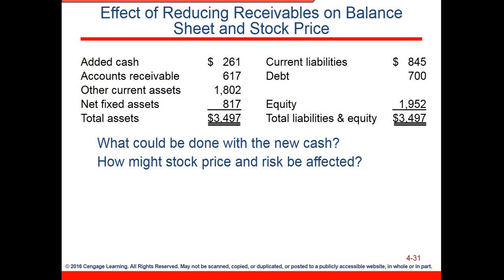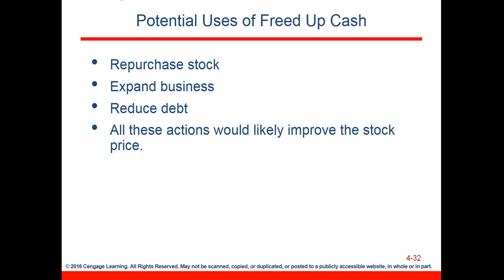You can decrease the debt even further, or you can repurchase stock, expand the business, again reduce the debt, or take a combination of these actions. It will likely improve the stock price, because all of these are working in favor of the stock.